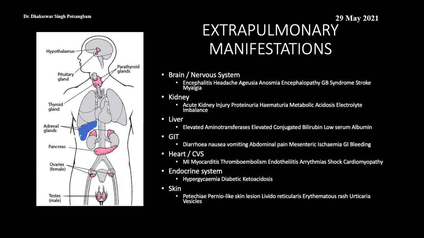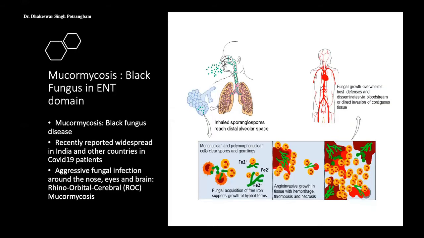Here, in the endocrine system, there is hyperglycemia, increased blood sugar in patients with COVID-19. Another one is diabetic ketoacidosis. That means there is an increase in the blood sugar level. So it also, to some extent, helps the opportunistic infection.